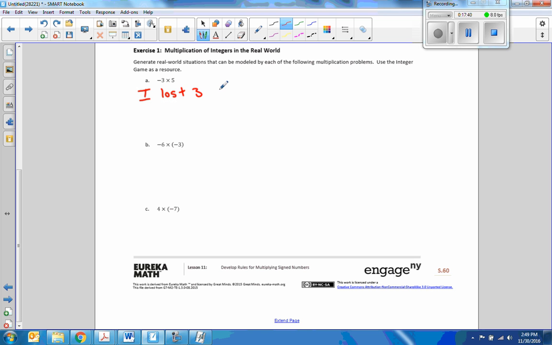I lost 3 $5 bills. Now I have -$15, or $15 less than what I had before. Okay, there's an example.